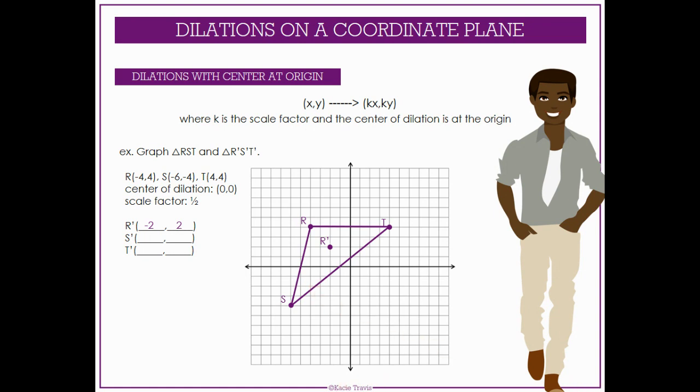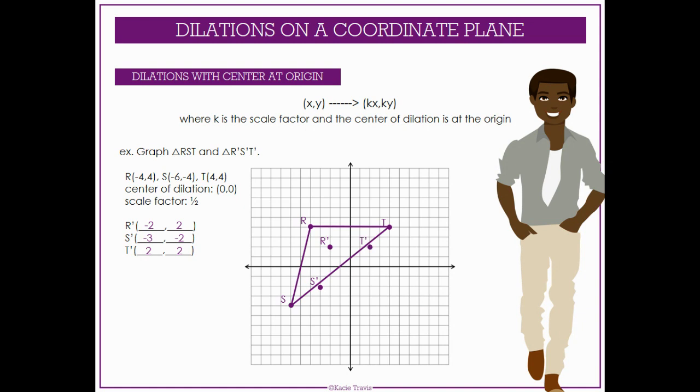Next we have S prime. S prime is -3, -2. That's because we have a negative and a negative here. Make sure that you keep up with your negatives as you deal with your dilation. And these got closer to the origin over here. Now we have T. T gives us 2, 2.